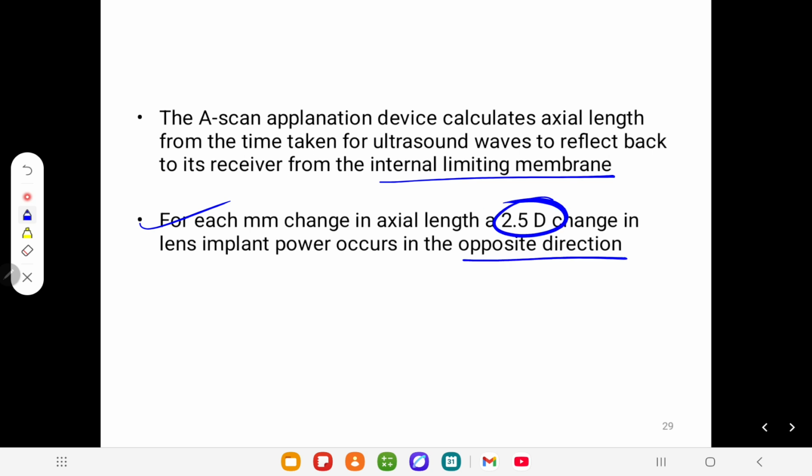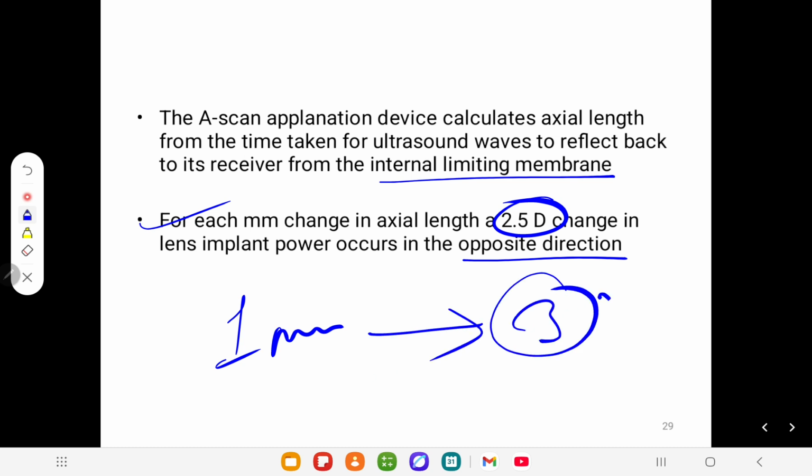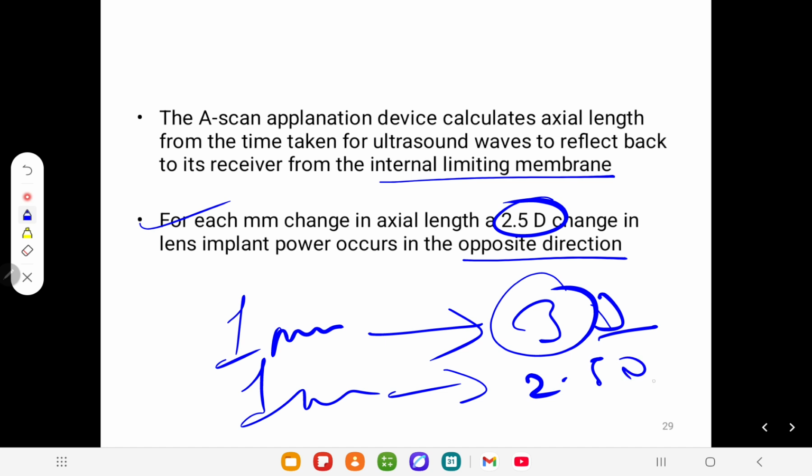We know 1 mm change means approximately 3 diopter change in the refractive error, and 1 mm change means approximately 2.5 diopter change in IOL power. So let it be. This is a rough estimate idea that you have to have whenever you are doing biometry.